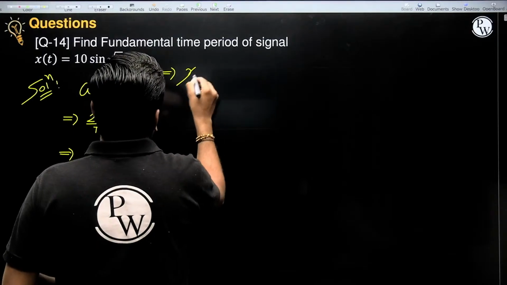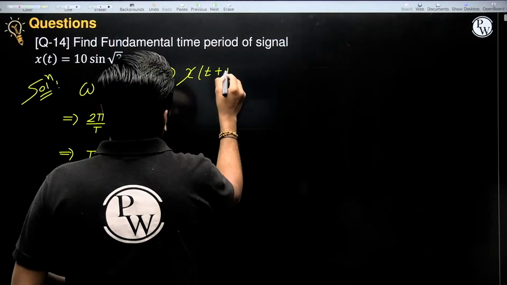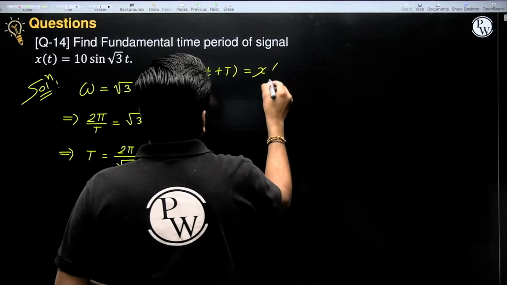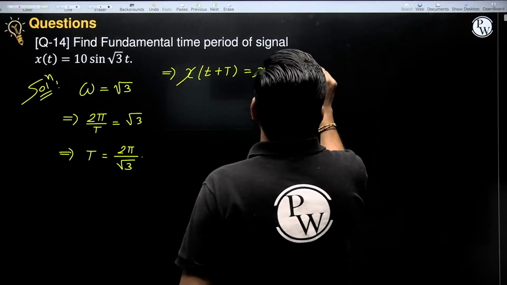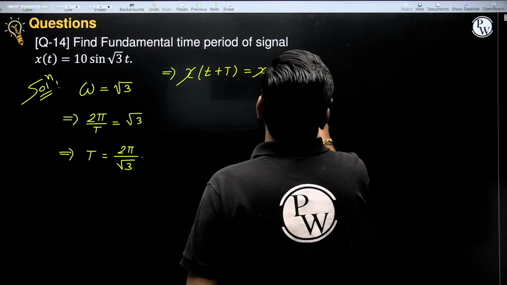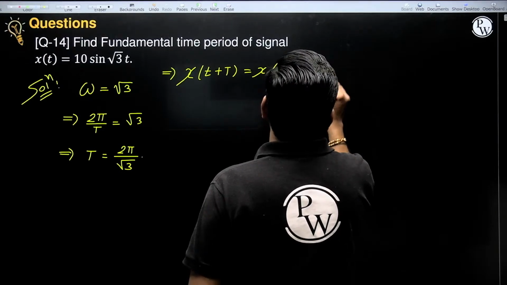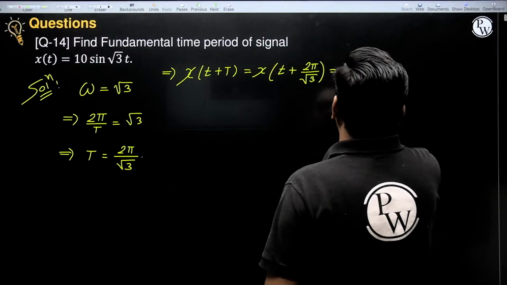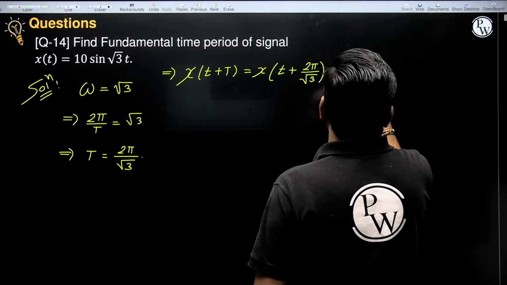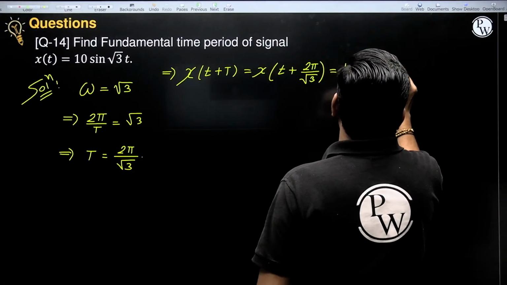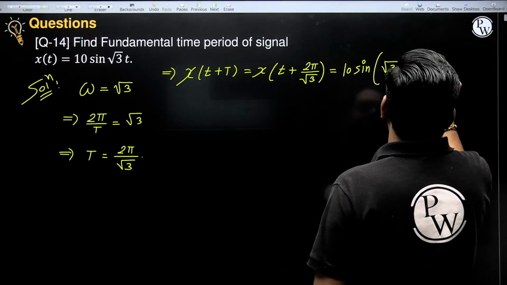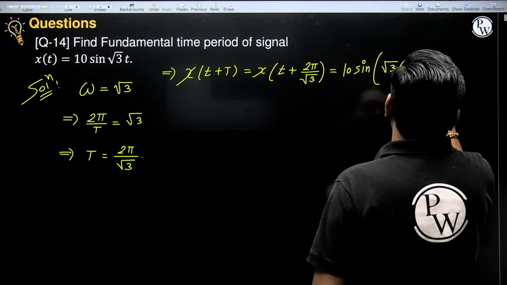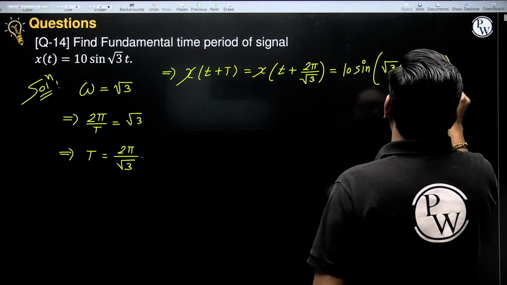So x of t plus capital T, that is x of t plus 2 pi by root 3, equals sine root 3, where instead of t you are replacing t with t plus 2 pi by root 3.